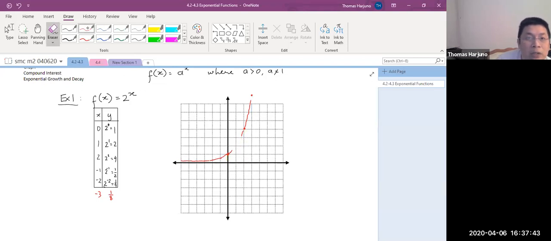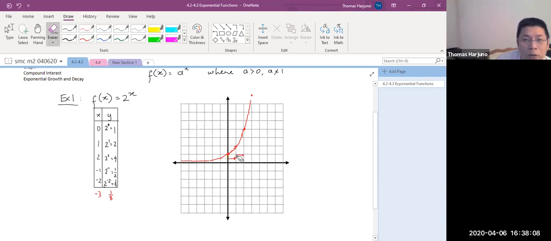That's because the base is 2. It means every time we move 1 unit to the right, we multiply the previous value by 2. So 1 becomes 2, 2 becomes 4, 4 becomes 8, and 8 becomes 16, and so on.